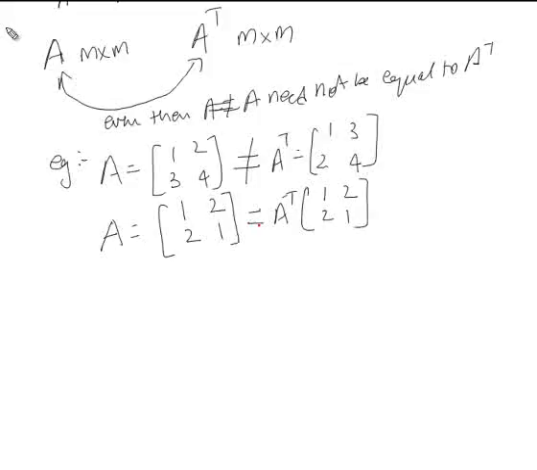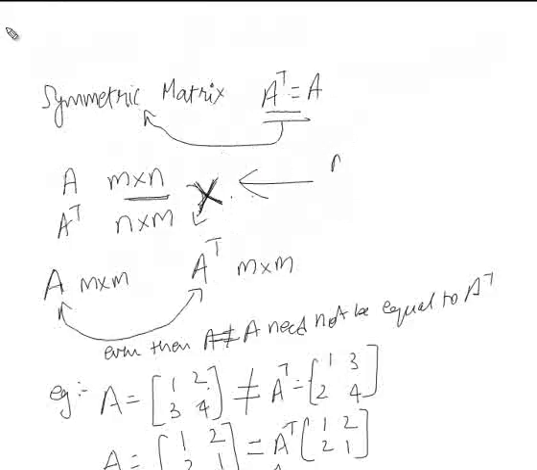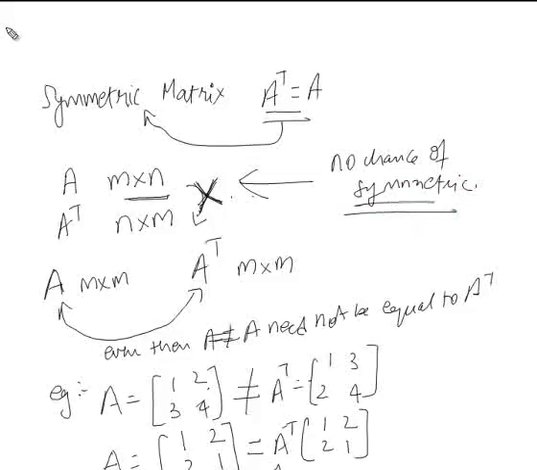So, what does that mean? Even if A is a square matrix, A need not be equal to A transpose, but there is a chance. But if A is a rectangular matrix as discussed here, there is no chance of symmetricity. Correct? No chance of symmetric.